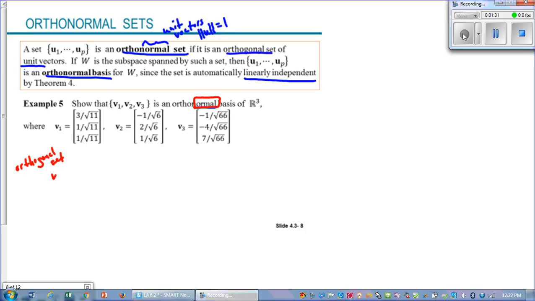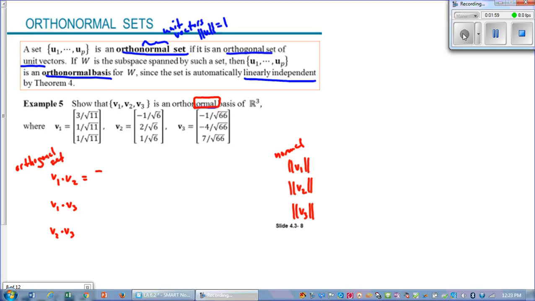So we want to show v1.v2 is 0, v1.v3 is 0, v2.v3 is 0. And then we need to show that it's normal, which means that each of them has magnitude of 1. So the magnitude of v1 is 1, the magnitude of v2 is 1, and the magnitude of v3 is 1.